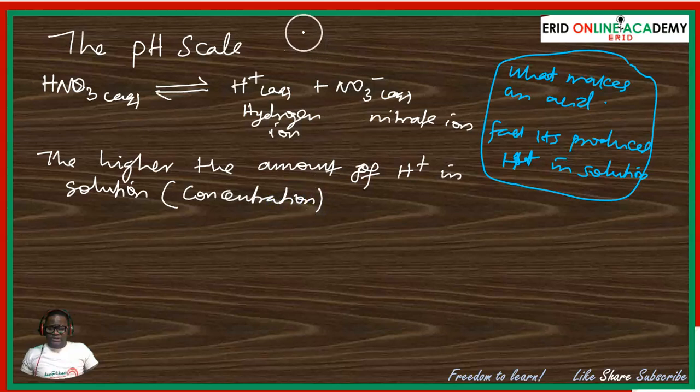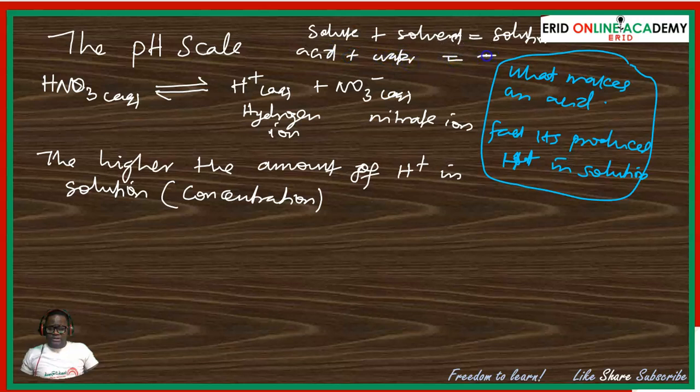Remember we said earlier in the previous lesson that the acid is a solute and the water is the solvent. Of course, solute plus solvent will give you solution. So acid plus water will give you an acidic solution. So we can talk in terms of concentration. Essentially the solute here is the hydrogen ion in solution.